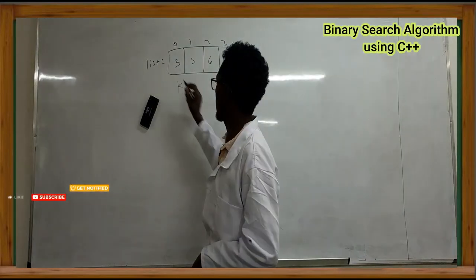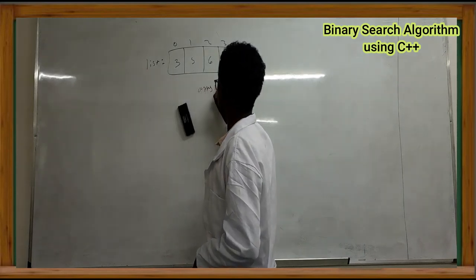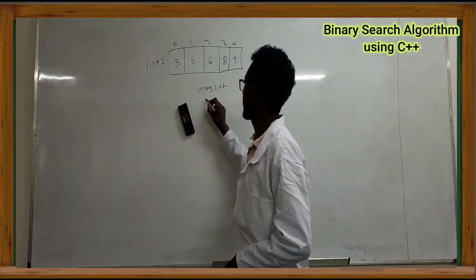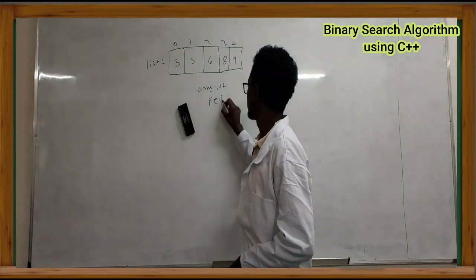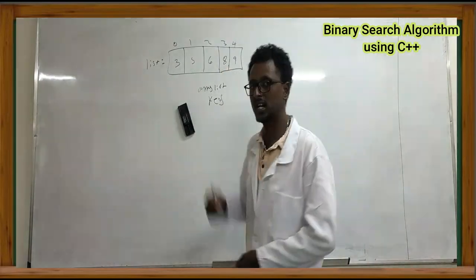The first one is the array list, and the second one is the required target key, the key that we want to find from the list.